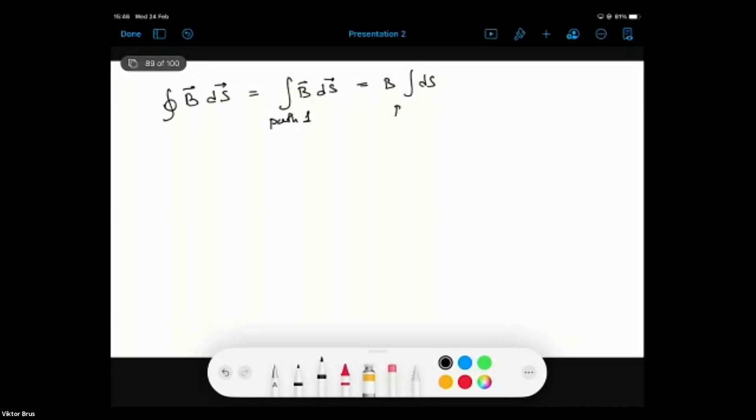So here we write path 1, and this will be equal to magnetic field B times L, because this integral along path 1 will give us the length of path 1, which is L.